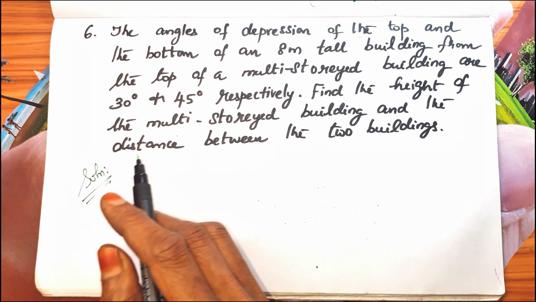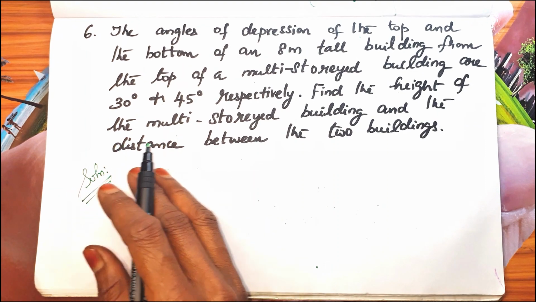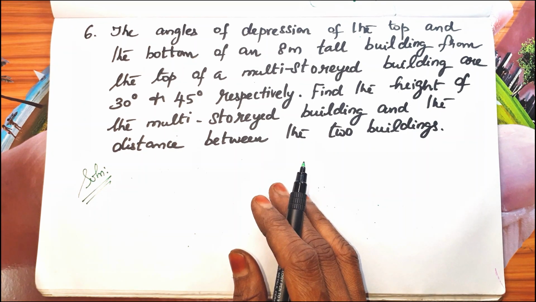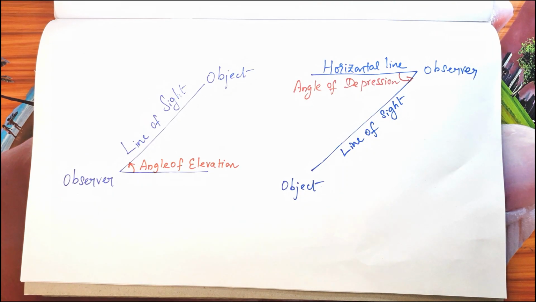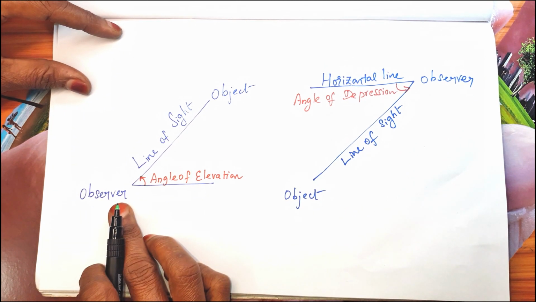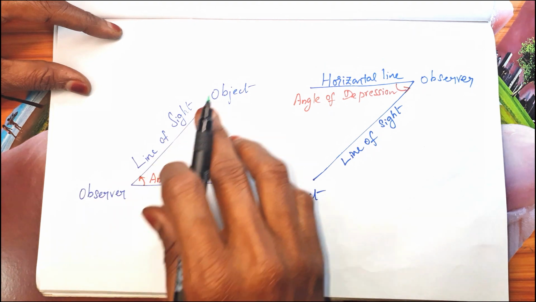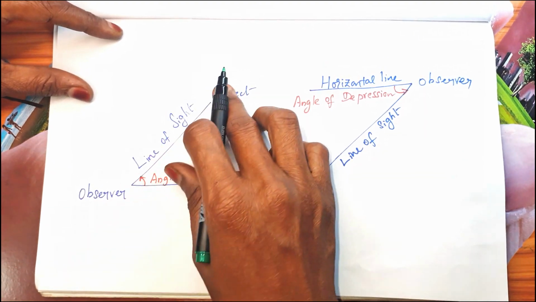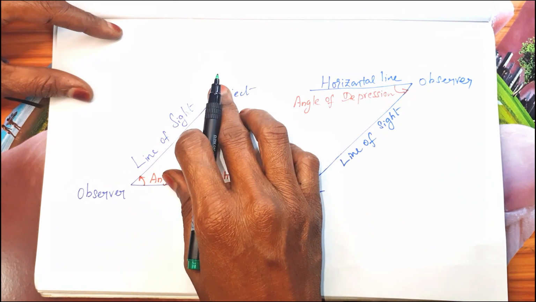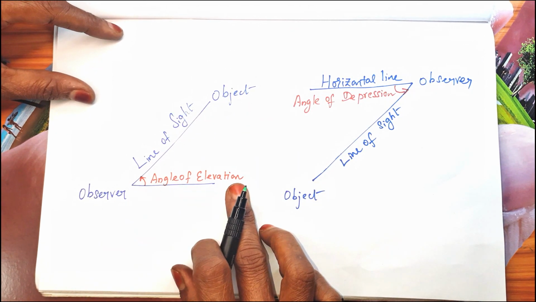Already in the previous video, before I started, I explained what the angle of elevation and angle of depression are. What do you mean by angle of depression? When the observer is at a low level and is seeing an object lying upwards, the line of sight is in the upward direction, and the angle it makes with the horizontal is called the angle of elevation.